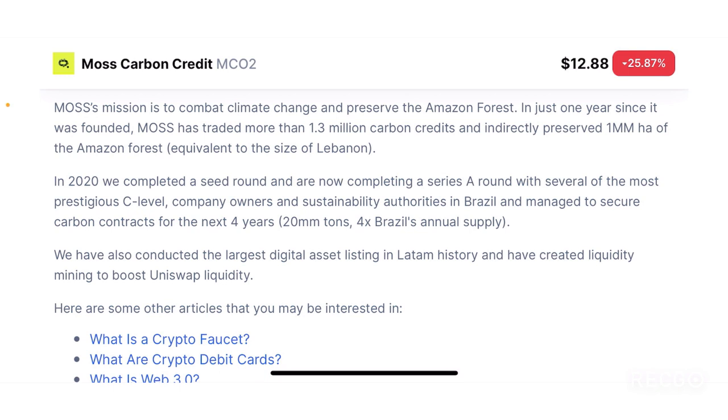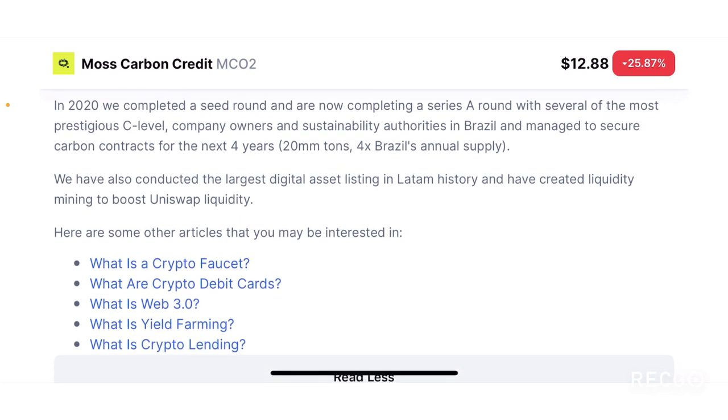That's a huge amount, and they've indirectly preserved 1 million hectares of Amazon rainforest, which is pretty cool. This is roughly the size of the Middle Eastern country of Lebanon, which is an impressive feat to achieve in 1 year, right? So you can definitely see that they have huge potential for their project.